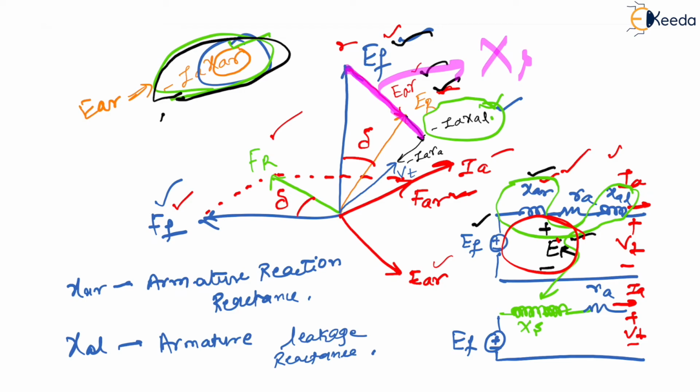But now, since ER is not available, let me erase ER. Now, if you see, since ER is not available, my delta becomes this one. So now, in terms of voltages, my delta, which is the torque angle, is now nothing but the angle between EF and VT.